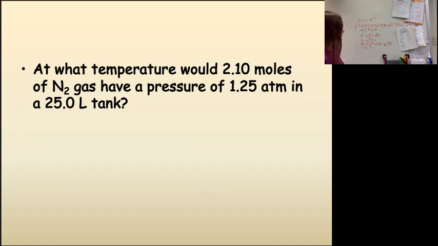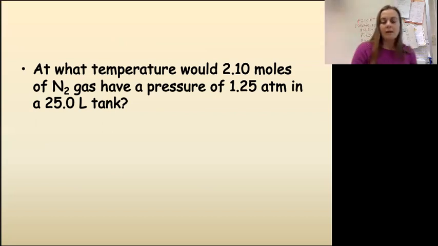And so we have 1.25 times 25 divided by 2.1 divided by 0.08206. And we get a temperature of 181 Kelvin, which is pretty cold. So it's pretty simple and straightforward to solve these sorts of practice problems. We just write down all the values that we have, plug them in, and solve.